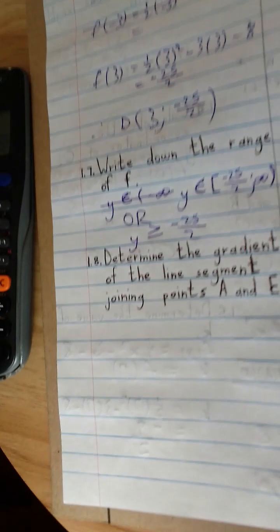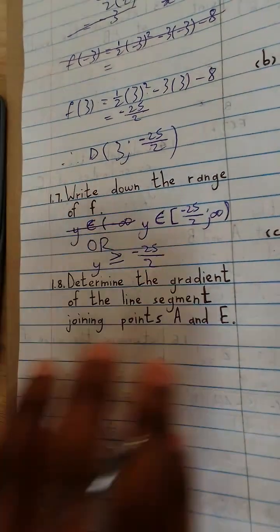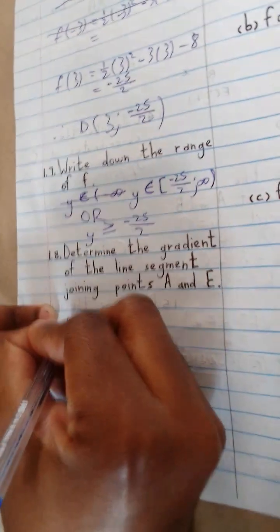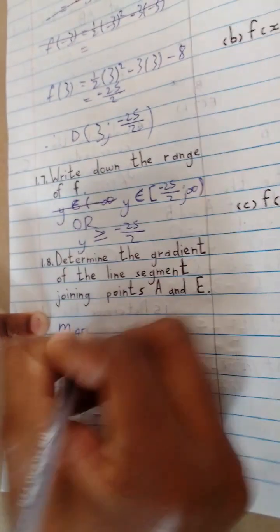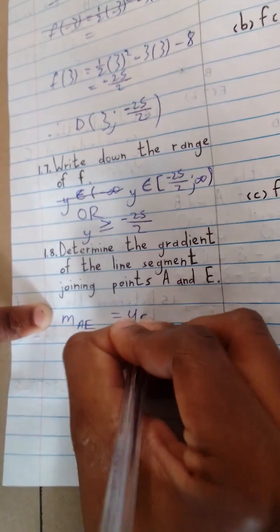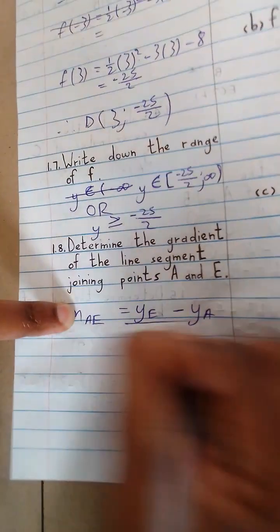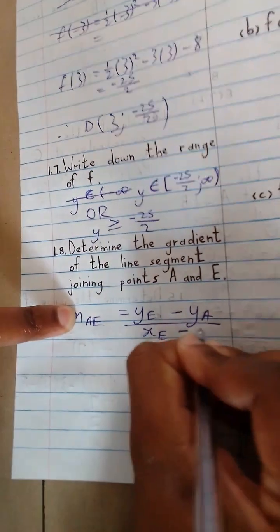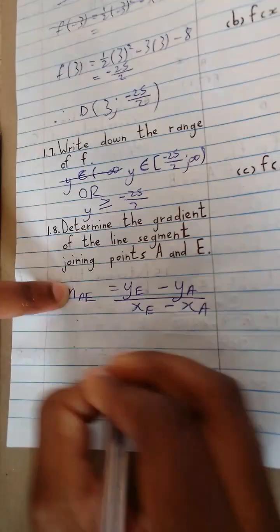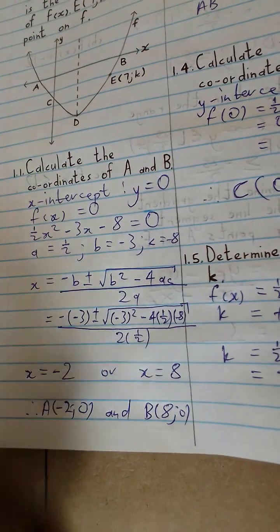1.8 states, determine the gradient of the line segment joining points A and E. So the gradient of AE is y E minus y A over x E minus x A. So this y E is k, and k is negative 9 over 2.